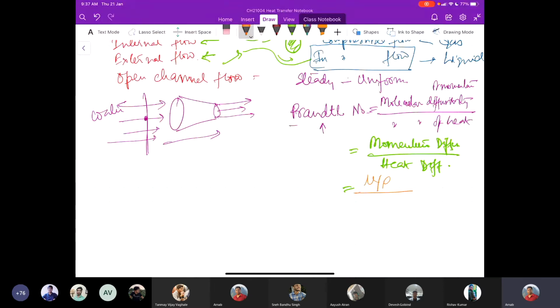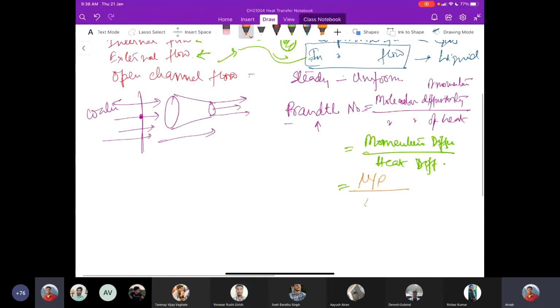Heat diffusivity, you have heard this term in conduction: K by rho Cp. So just rearrange this.